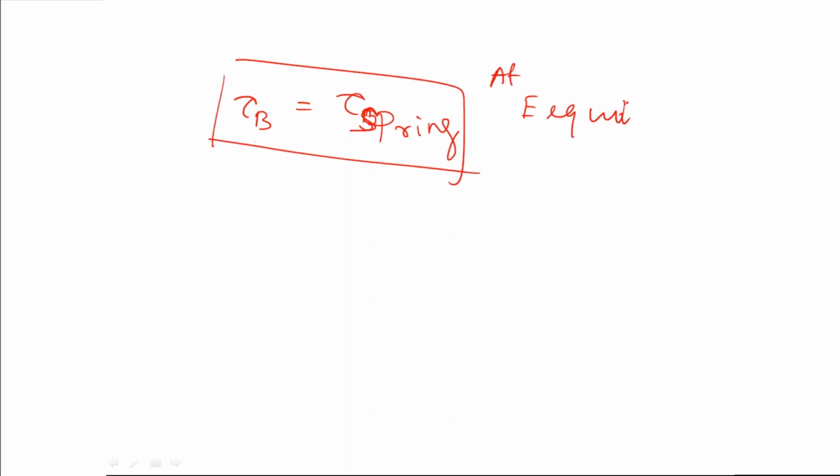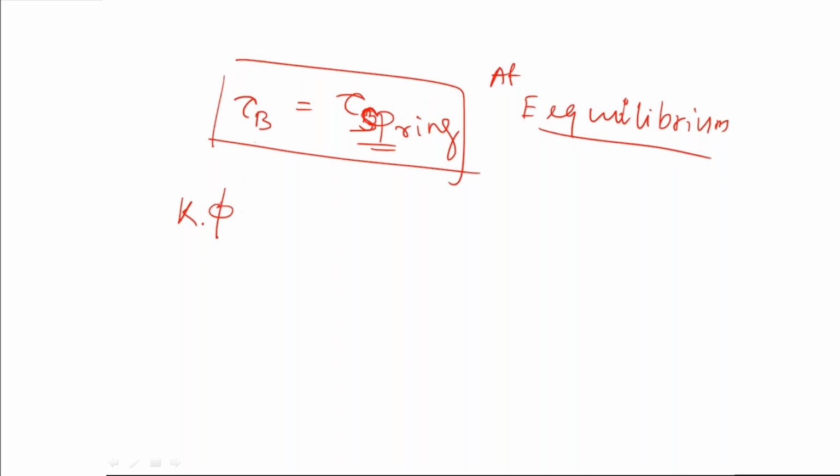So from here we will find out the relation between current, voltage, etc. Let us see. I can write the spring torque as k into phi. So this phi is the angular deflection which is directly related to the deflection of the pointer in your device. This k is called the torsional constant.